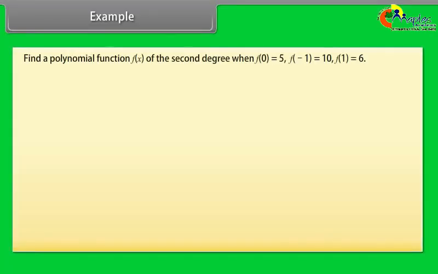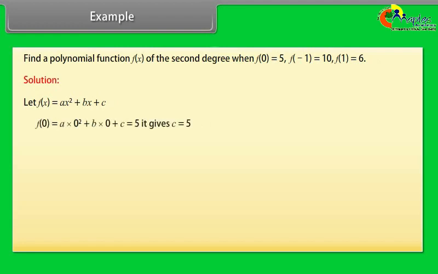Example. Find a polynomial function f of x of the second degree when f of 0 is equal to 5, f of minus 1 is equal to 10, f of 1 is equal to 6. Solution. Let f of x is equal to ax square plus bx plus c.